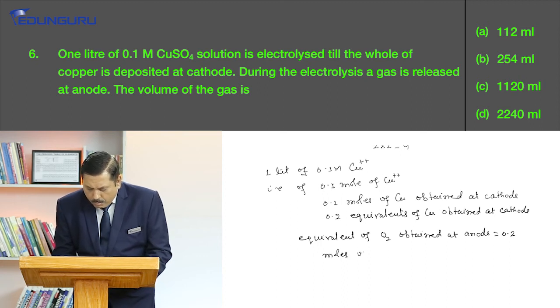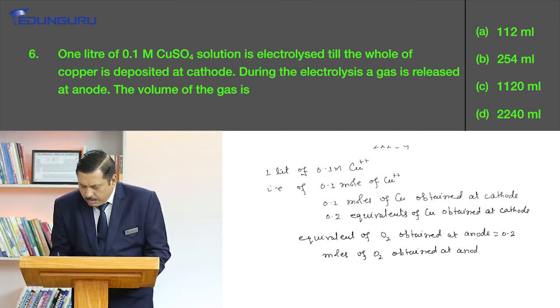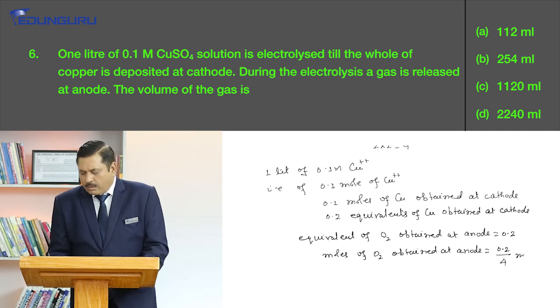Therefore, moles of O2 obtained at the anode is equal to 0.2 upon the N factor, that is 4 moles.